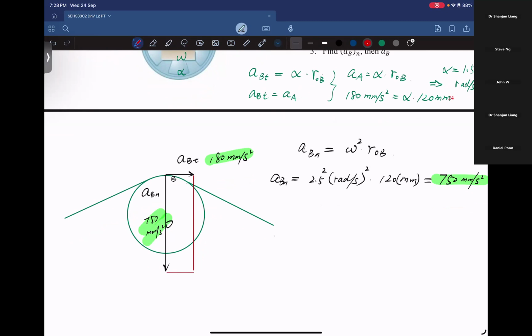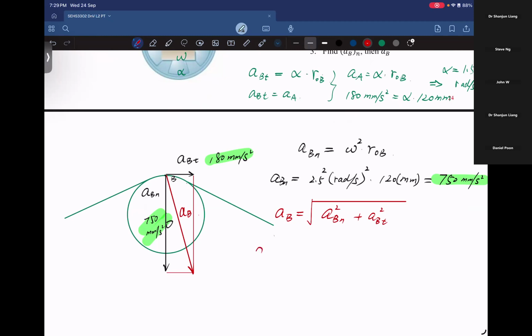At last, we get such a rectangle, and we link the beginning to the end point, the diagonal. So this is AB. From the triangle, we can calculate AB. AB is the square root of ABN square plus ABT square.